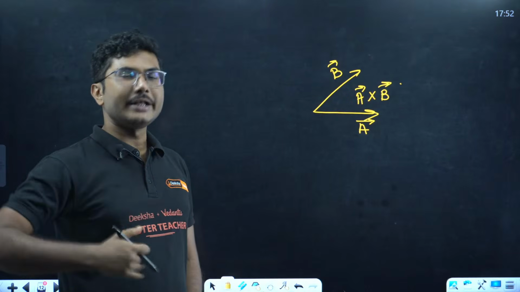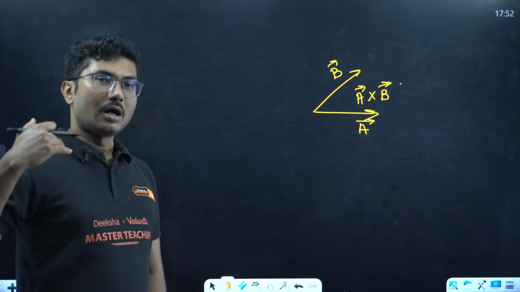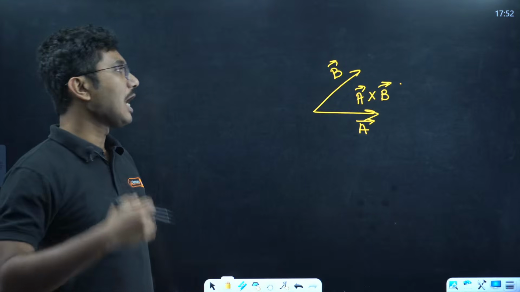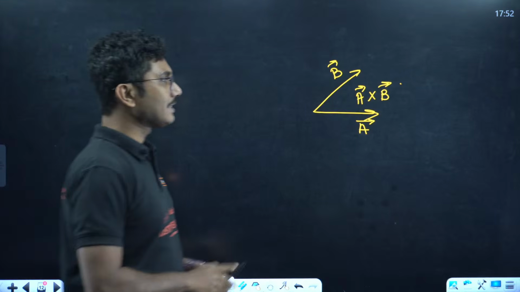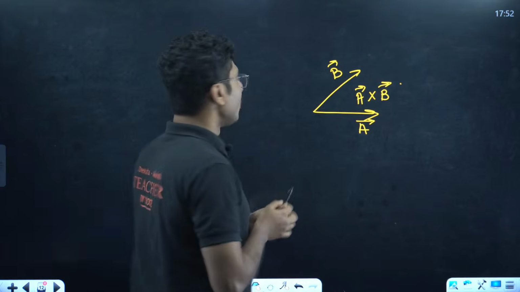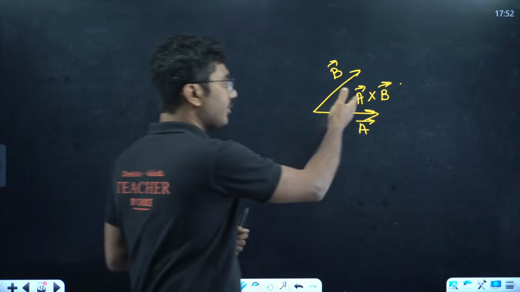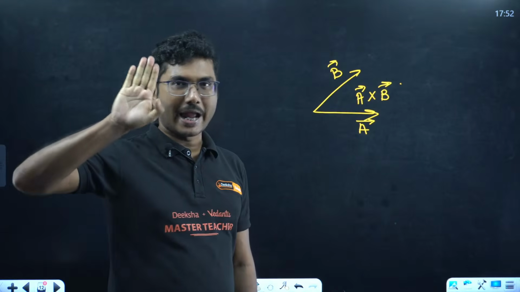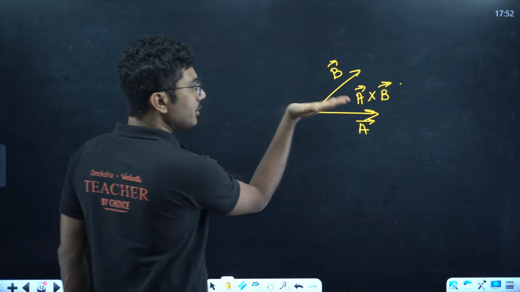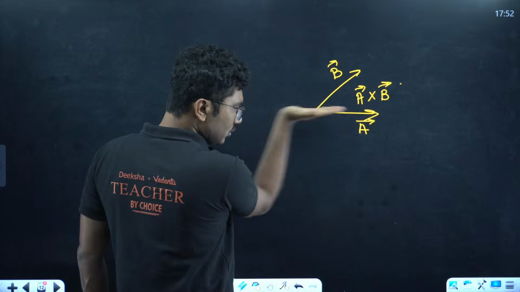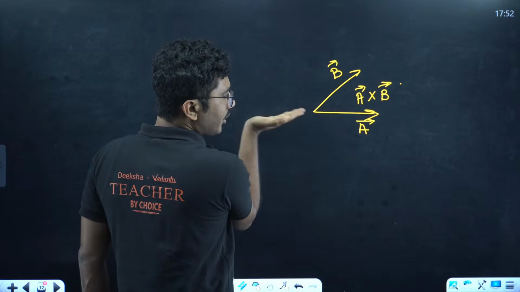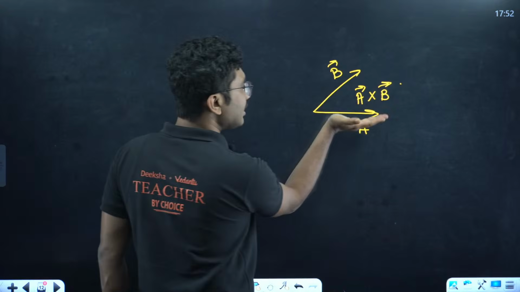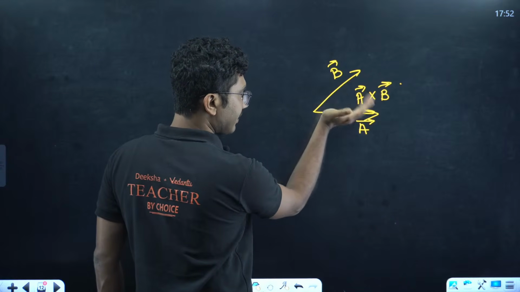So how to find the direction of this force? When you are doing the cross product of two vectors, the direction is very important. First, which vector is first? Here, for example, A is first. So you take your hand and point all your fingers towards the first vector, and then curl your fingers towards the second vector.